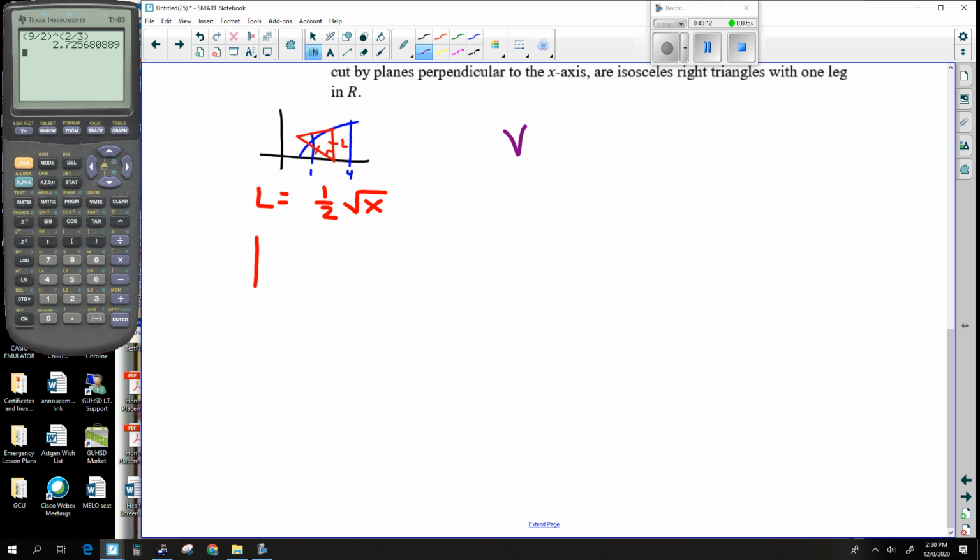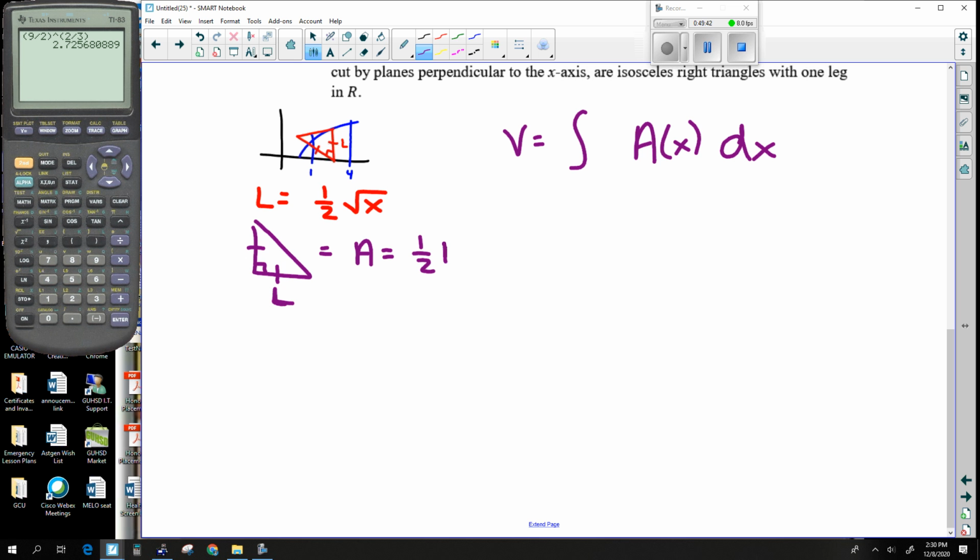Now, to figure out this volume, the volume is going to be the integral of the areas at every single point. So I need to figure out what these areas are with a length of 1/2 square root x. The shape we're building on top of this is isosceles right triangles with the leg as L. So the area is 1/2 base times height, aka 1/2 L squared.